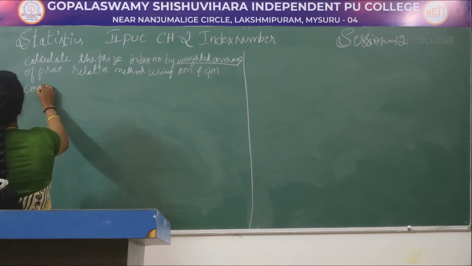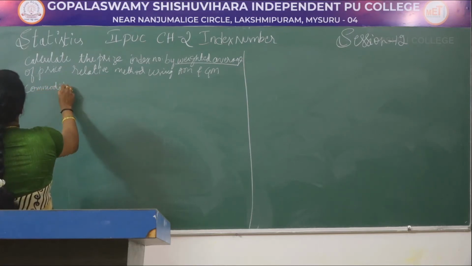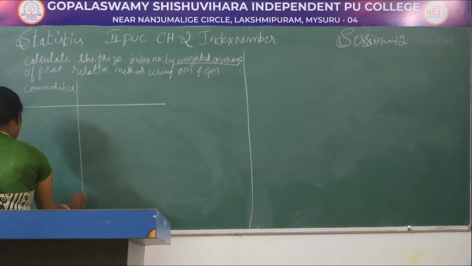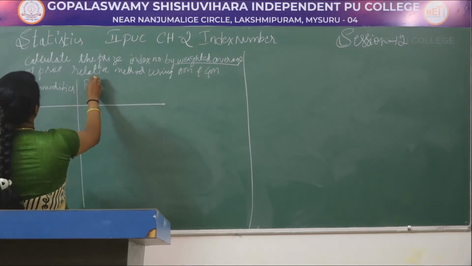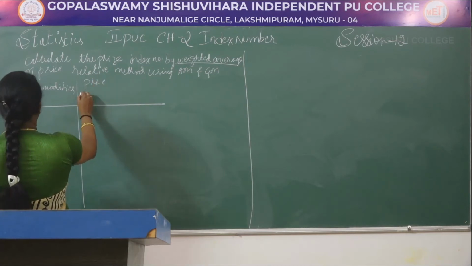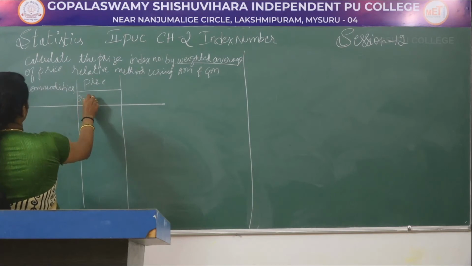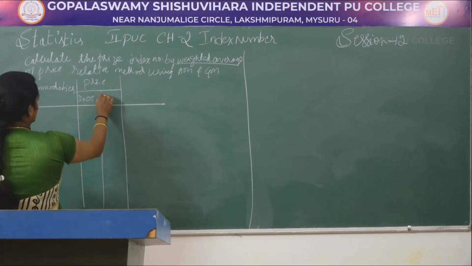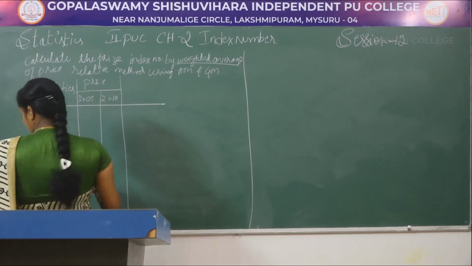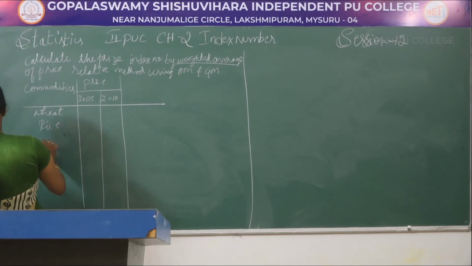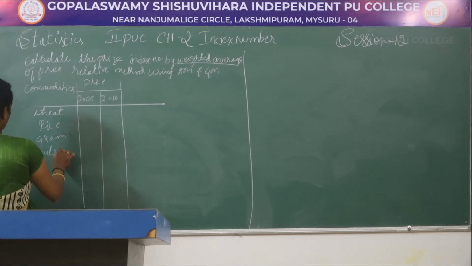They have given commodities, price of 2005, and 2010. So first I will write the commodities: wheat, rice, gram, pulses.